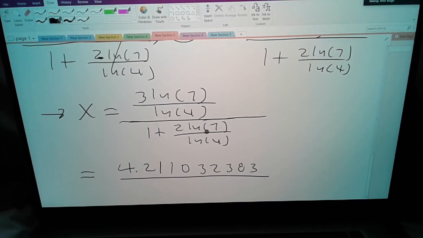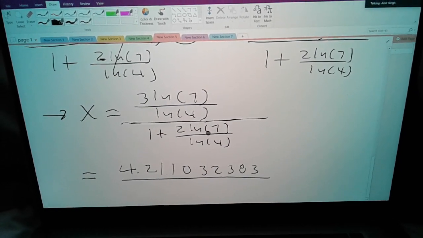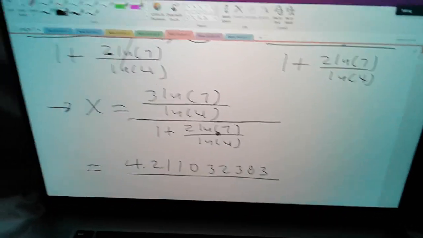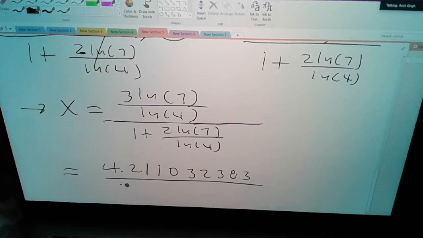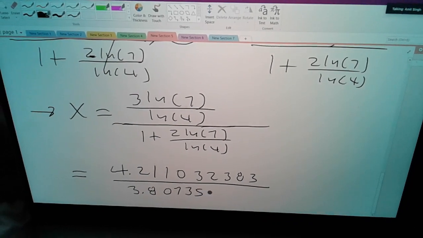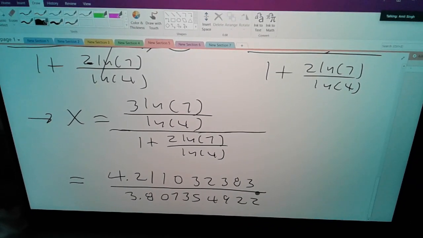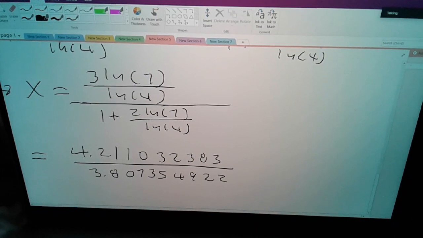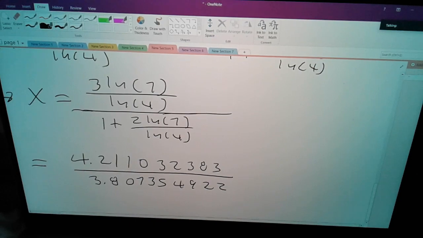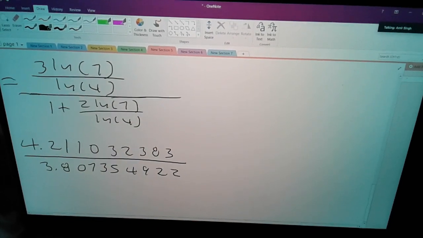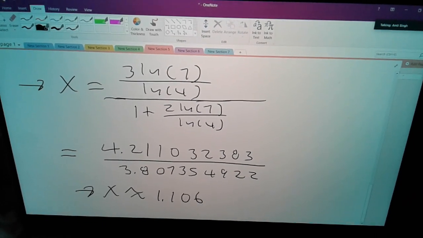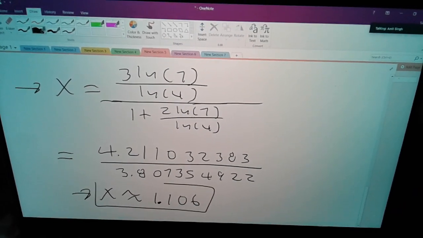And if I do it on the bottom here, I get 3.807354922. If I divide the two numbers, I get that x is approximately 1.106 to 3 decimal places, which is my final answer.